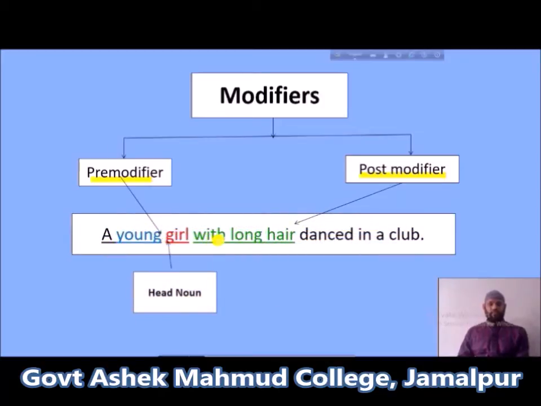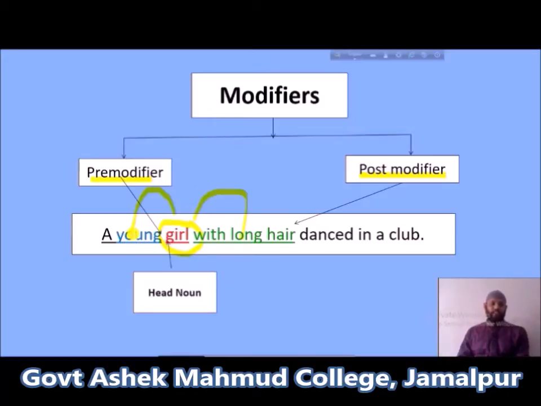A young girl with long hair danced in a club. Here girl is a head noun and a young and with long hair, the phrase, are modifying the noun girl. You see young sits before this noun and with long hair this phrase sits after this noun.